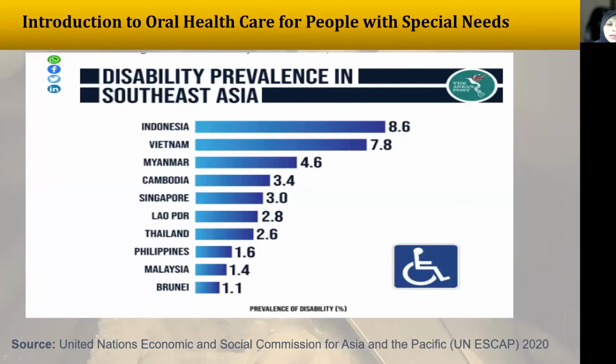Looking at the prevalence of disability in each of the Southeast Asian countries, Indonesia has the highest prevalence of people with disabilities, followed by Vietnam. Brunei seems to have the least, probably because of the small population that the country might have.